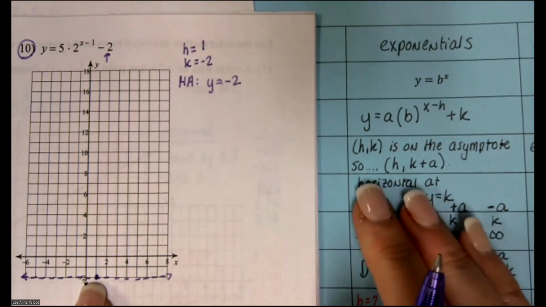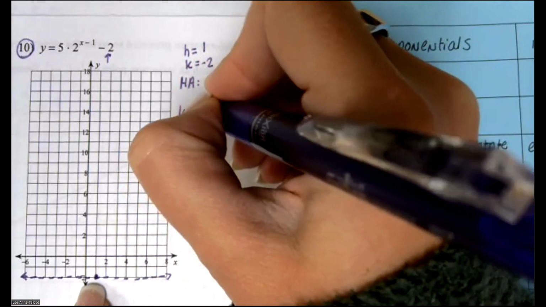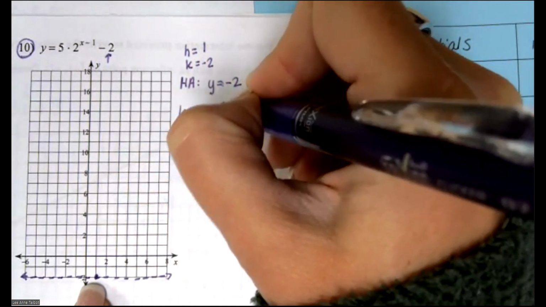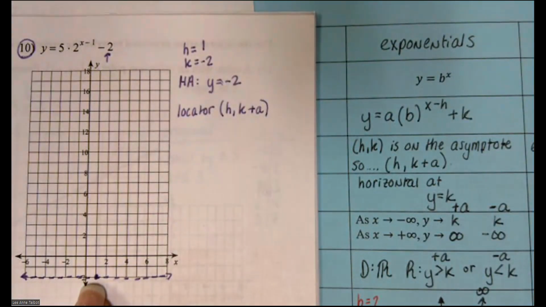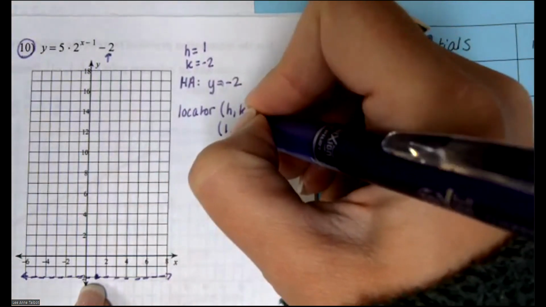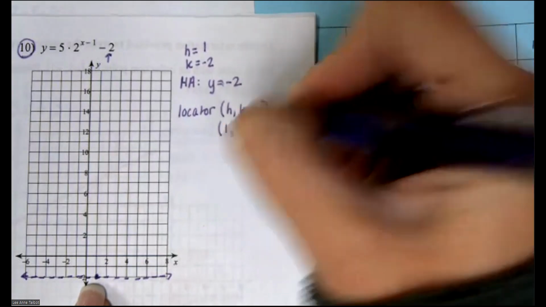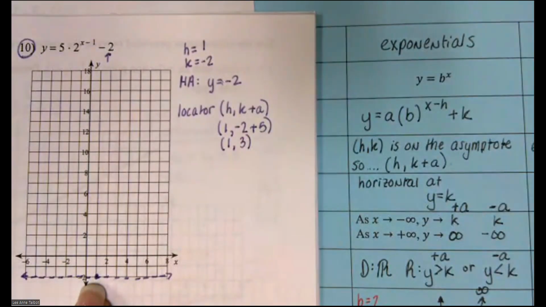So there's a different formula for the locator point, which is H comma K plus A. We have not used this in a while. Really good reminder here. So 1 comma -2 plus 5, 1 comma 3.